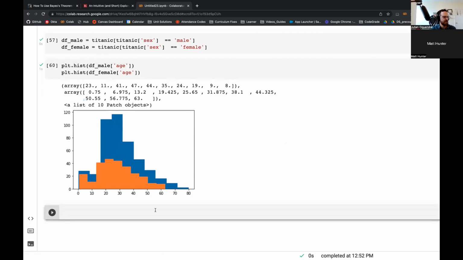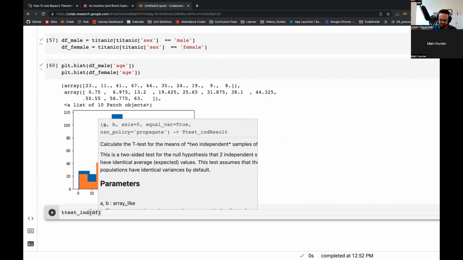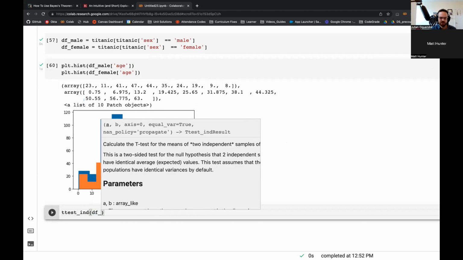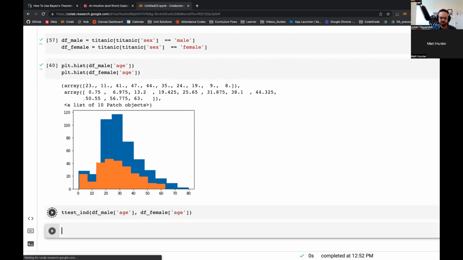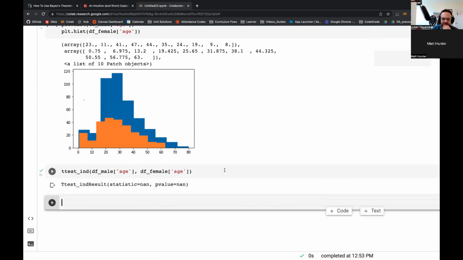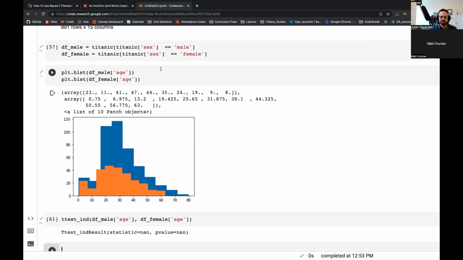But if we were to take our two sample distribution, you can already see the results where the age of individuals who are male on the Titanic is compared against the individuals who are female on the Titanic. So the t-test independence, so I've got null values to consider here.